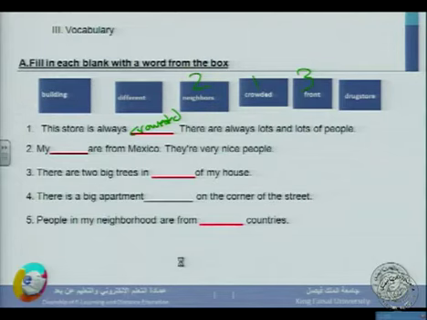There is a big apartment building on the corner of the street. Big apartment معناها شقة. Building عمارة. on the corner of the street. Number 5. People in my neighborhood are from different countries.